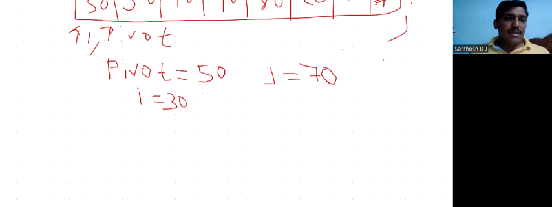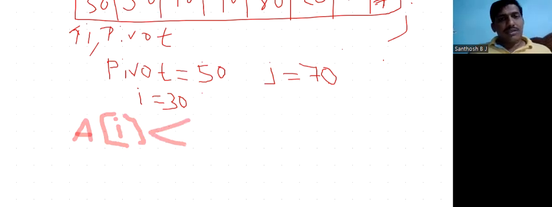Next, in step number 2, we check whether A of I is less than A of low, or the pivot value.